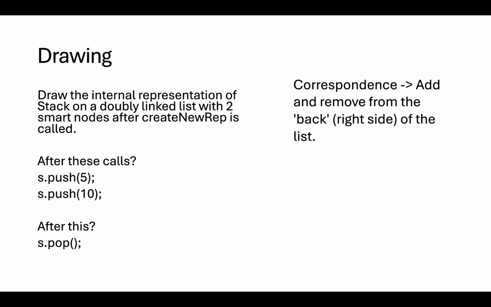We said that we remove from the back, so the back is the right side. We want to remove the node that we literally just put in there. That is going to look like basically snagging this along with that. And then the actual pop method would return the data inside of here.